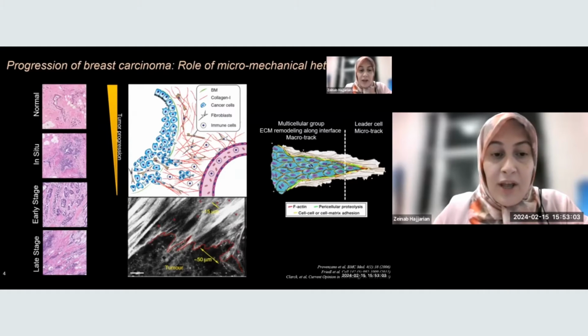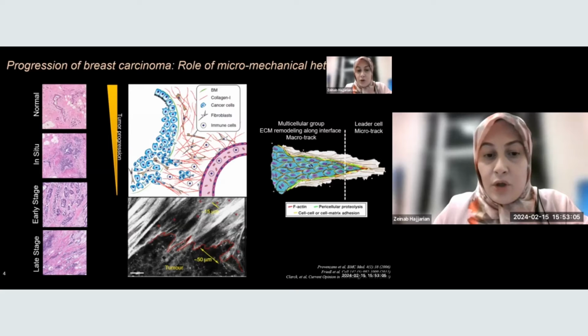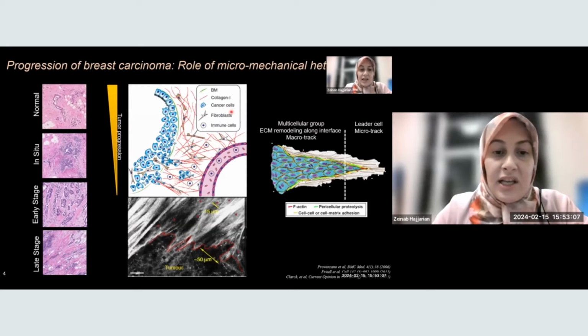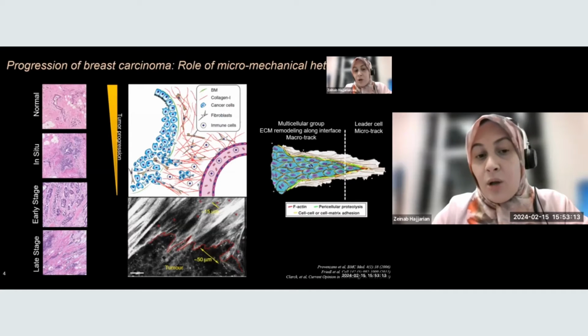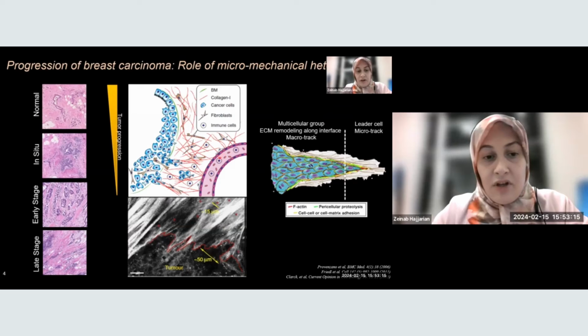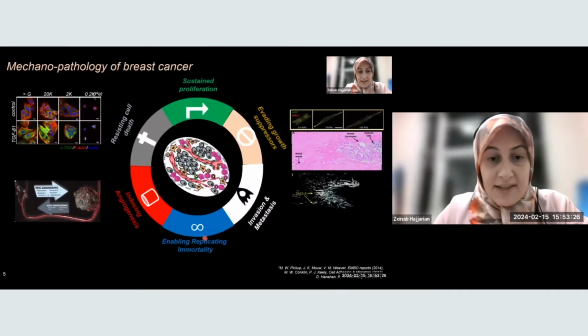Over time, these mechanical gradients are formed that cause the directional migration of these cells from the basement membrane to the breast parenchyma, all the way to invasion, the bloodstream, and the metastatic process. So there's a lot of mechanical cues and mechanical forces involved in this process.